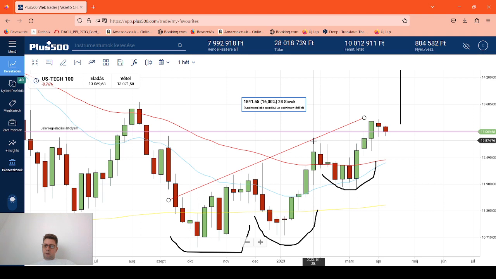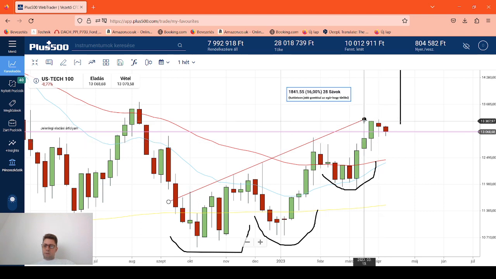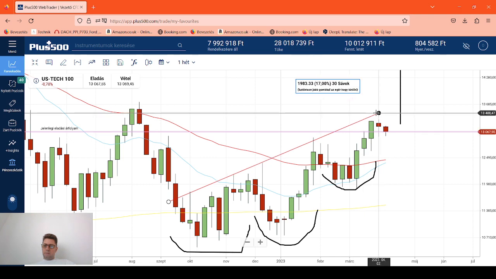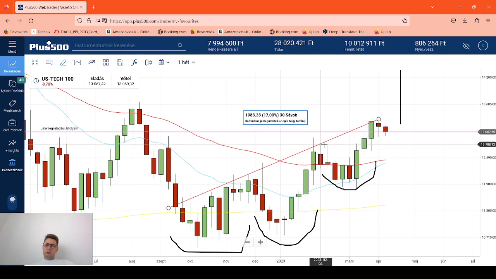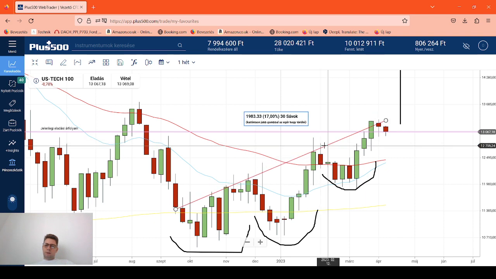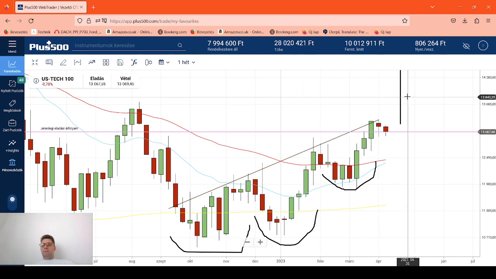If I look at the wicks, this could also be something like that. But let's just look at the bodies of the candles. Okay, well, something like that.